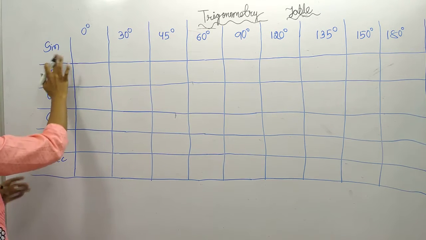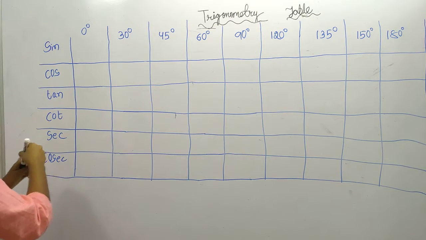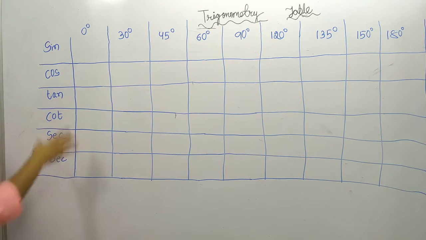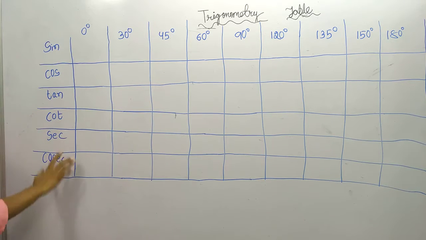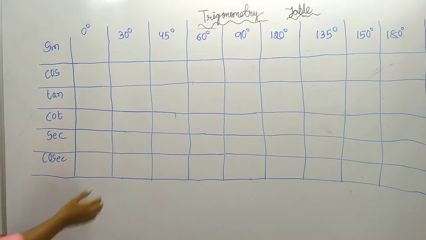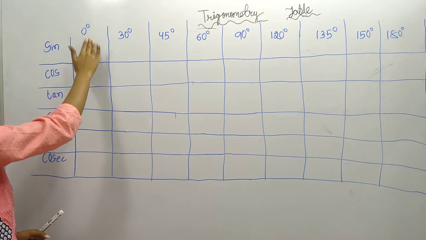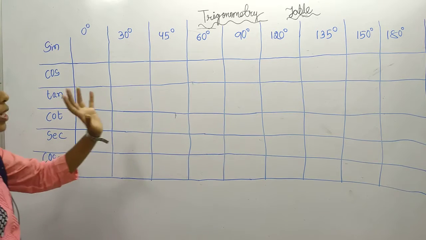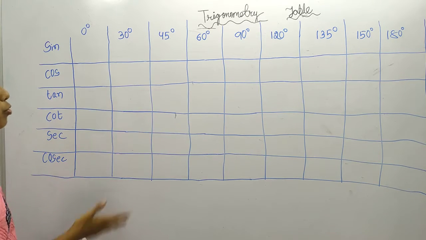First of all, you see here 6 ratios are there: sine, cos, tan, cot, sec, cosec. First you have to write these in a row. Okay. Then you have to remember the angles. So first 0, no doubt you can remember easily. So here you see how you will remember the angles.